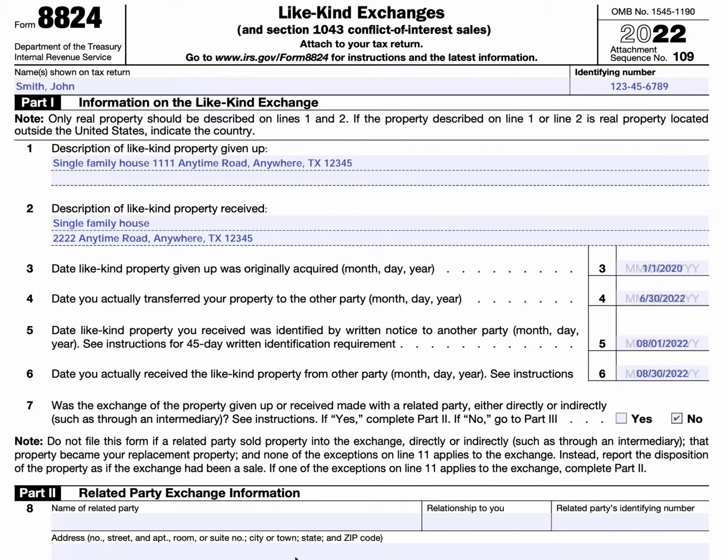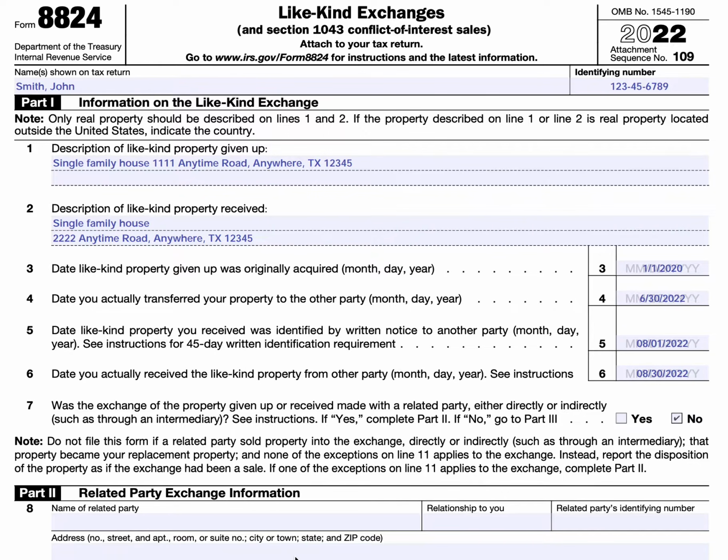We'll be going over IRS Form 8824, like-kind exchanges, and Section 1043, conflict of interest sales. So most of the time, taxpayers who would use this form would be involved in something called a Section 1031 exchange.